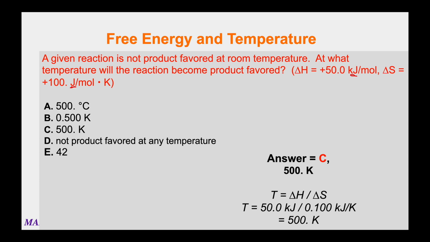At 500 Kelvin, that's the threshold temperature at which you go from being non-spontaneous to spontaneous, i.e. from positive delta G's to negative delta G's. So if you want this reaction to go, heat it up to like 501 Kelvin, something like that. In those kinds of cases, you would have a spontaneous reaction.